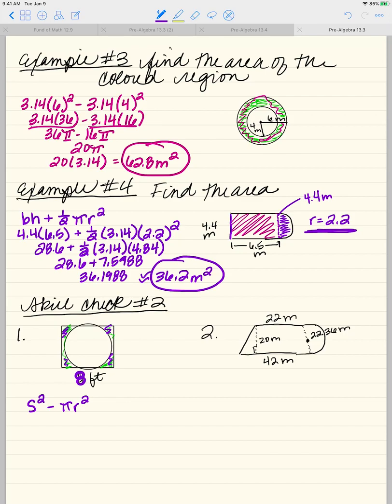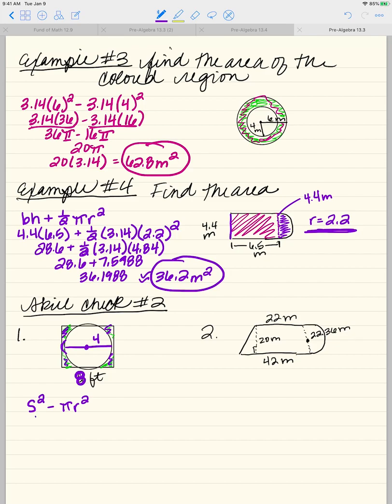Now, the diameter of the circle is the same as the side length of the square, as in your book, because technically this side of the circle should touch this, and it doesn't because I don't draw. So the radius of this circle is 4 because the diameter is 8. 8 divided by 2 is 4. Our radius is 4. So now we have everything we need.